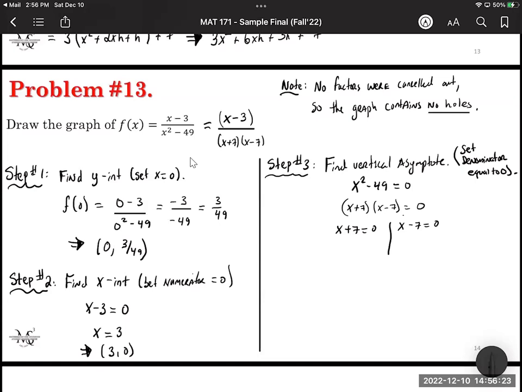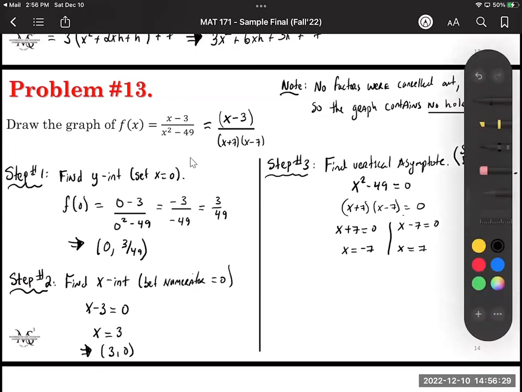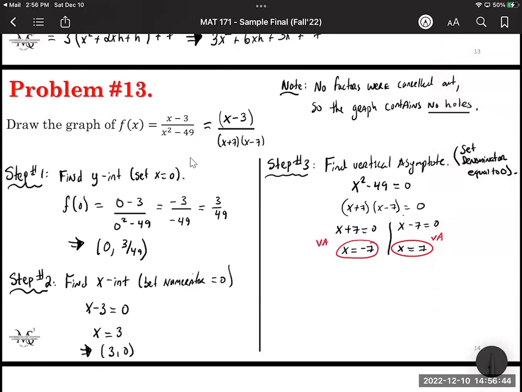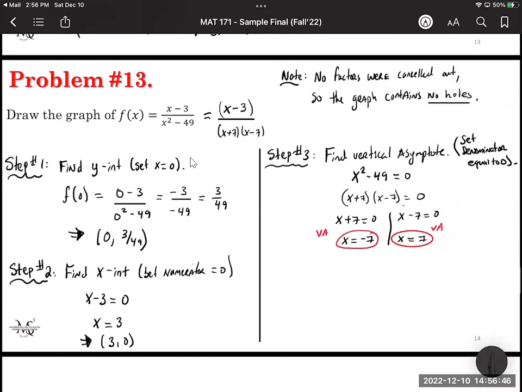In the first equation, if you solve for x, x must be equal to negative 7, and in the second equation, x is equal to positive 7. So these are vertical asymptotes. That means the graph will never touch them. The curves will never touch the vertical asymptotes. It gets really close, but it doesn't touch them. All right, so we have step 3 done.